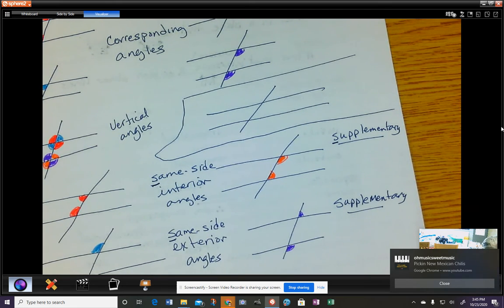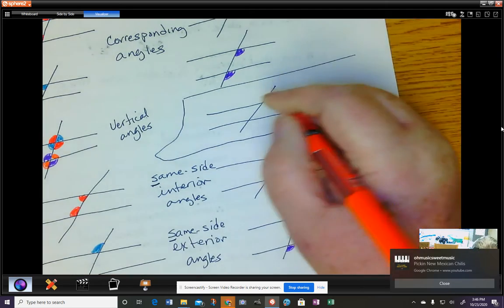I know the name is just stuck in my head. I call these linear pairs.